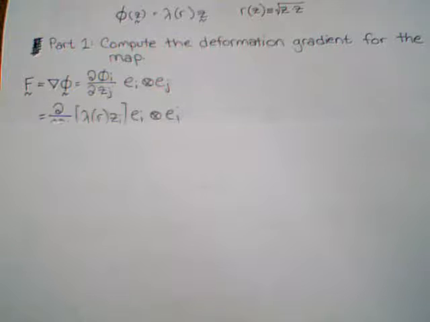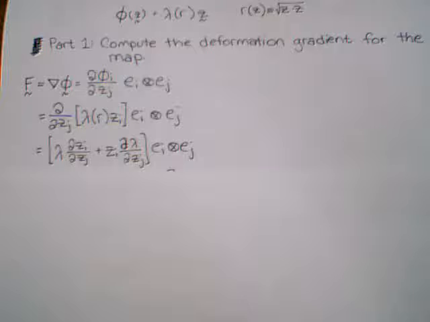If we plug in our deformation map, lambda of r times z, in index form, we have partial derivative with respect to zj of lambda of r times zi, ei tensor ej. We use the product rule to find that this is equal to lambda times partial derivative of zi with respect to zj plus zi times partial derivative of lambda with respect to zj, ei tensor ej.